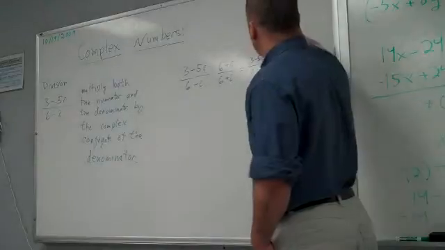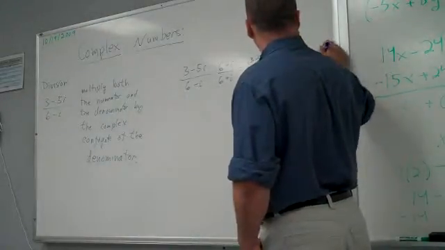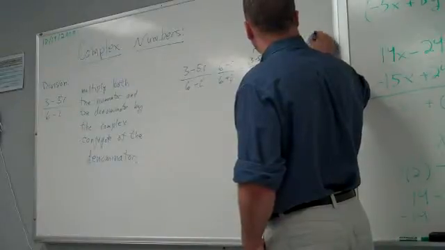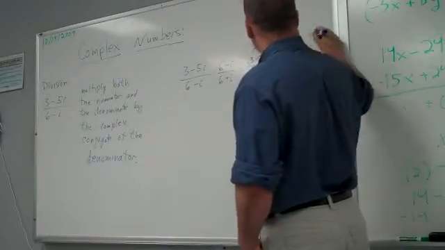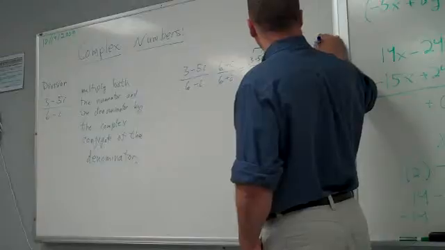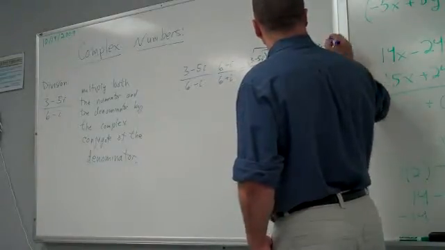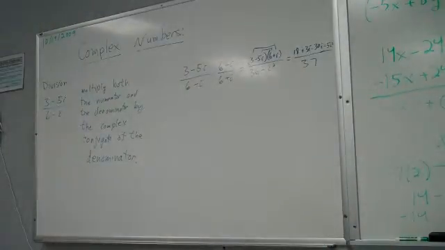If I FOIL this, 3 times 6 gives me 18. Outer, plus 3i. Inner, minus 30i. Double check me, please. And last, minus 5i squared. Is that correct? Yes.